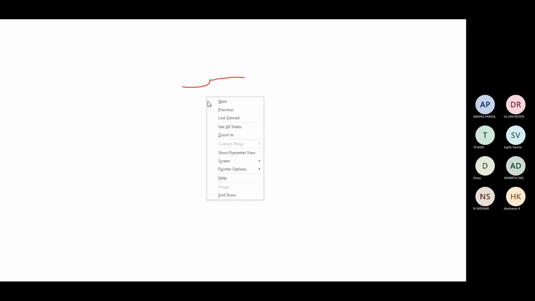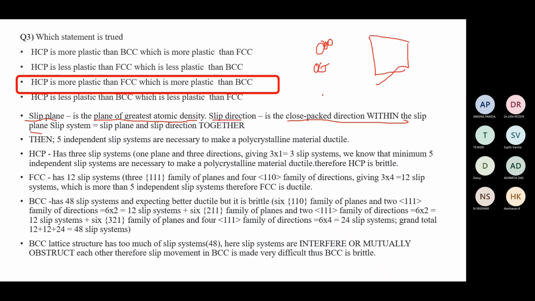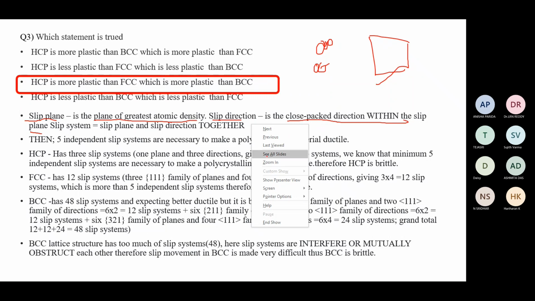Suppose this is a slip plane, the 0, 0, 1 plane.